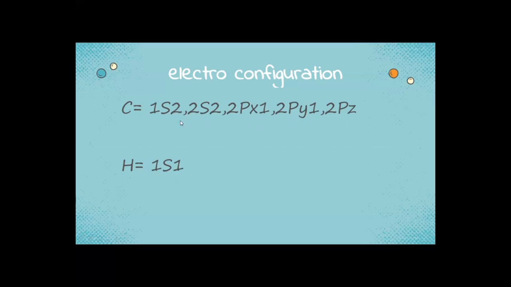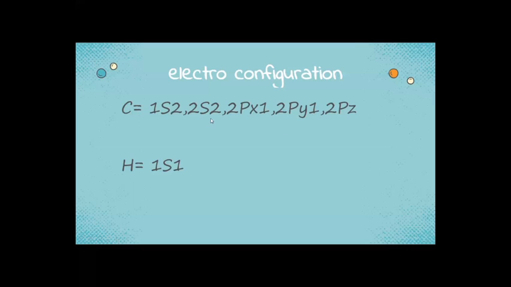That is 1s2: the first shell of s orbital contains 2 electrons. The second shell of s orbital contains 2 electrons, that is, it's paired. In the second shell of p orbitals, px contains 1 electron, that is, it's unpaired. Py also contains 1 electron, but pz is empty.